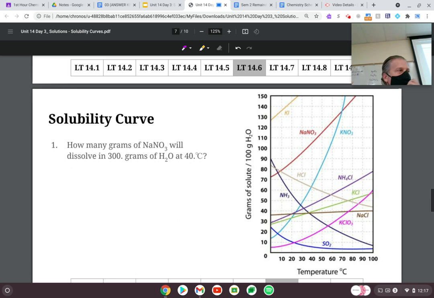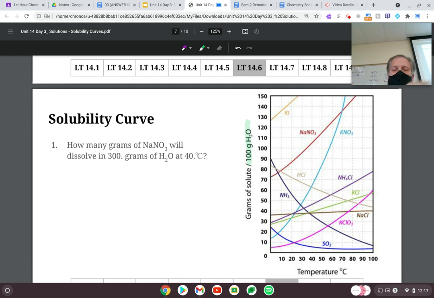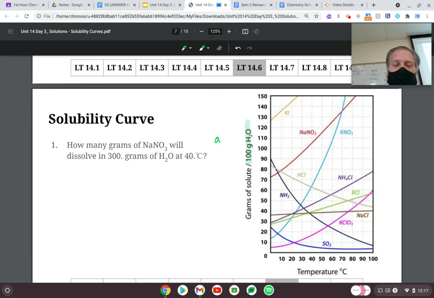So anyway, in this instance, you are asked to determine how many grams of sodium nitrate will dissolve in 300 grams of water. Now, there's a couple of things we have to keep track of here. First of all, this 100 grams of water is the amount of solvent present.